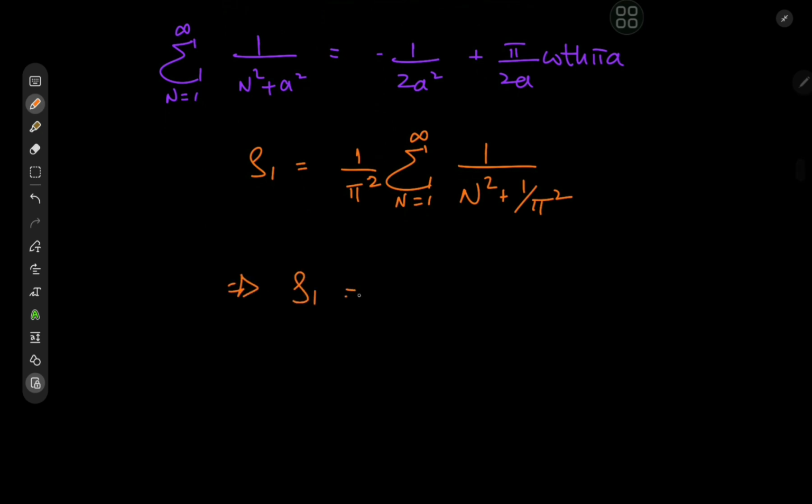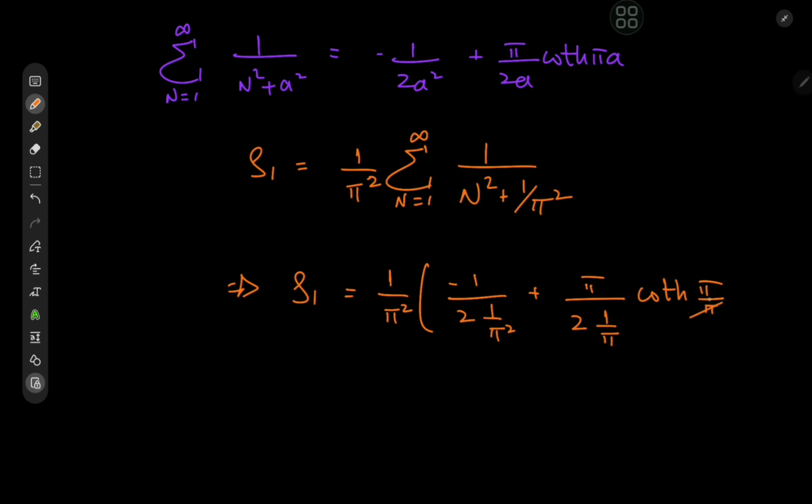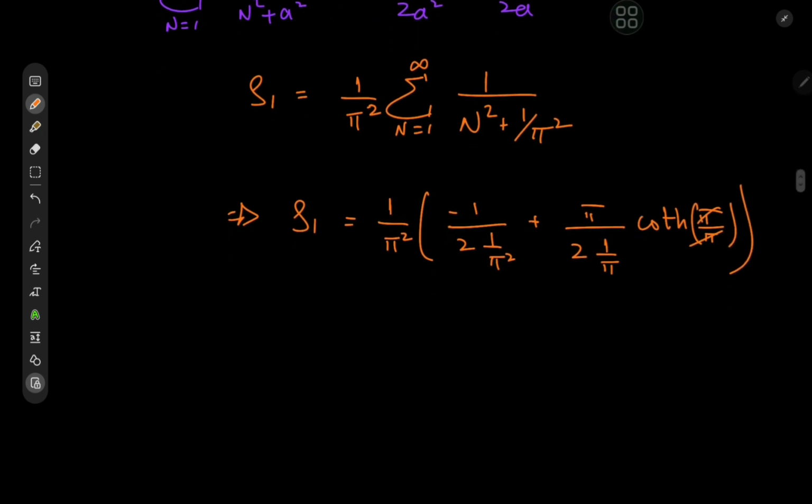So this implies that s equals 1 by pi squared times -1 by 2 times 1 by pi squared plus pi divided by 2 times 1 by pi, and of course we have the hyperbolic cotangent of pi divided by pi, so there's some cancellation there, and we have hyperbolic cotangent 1.